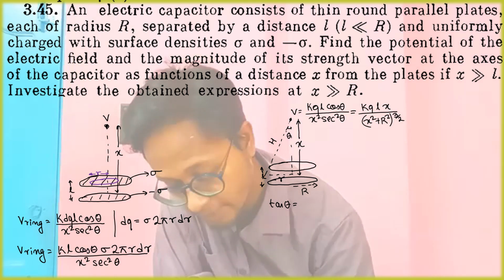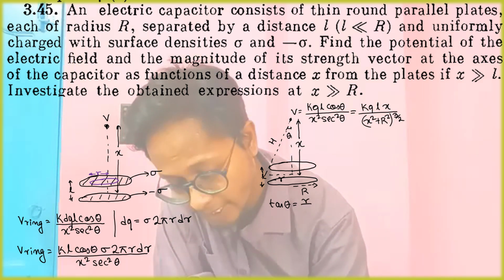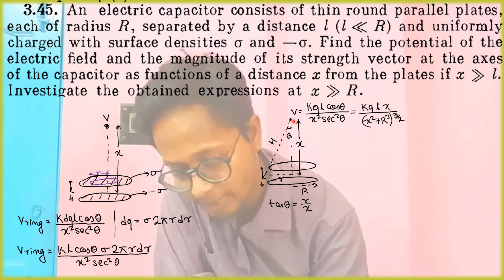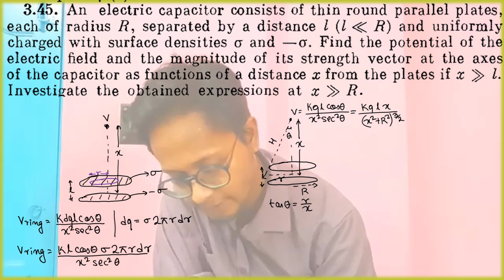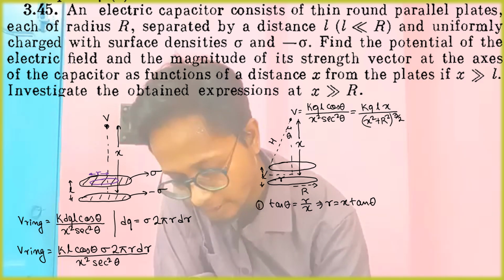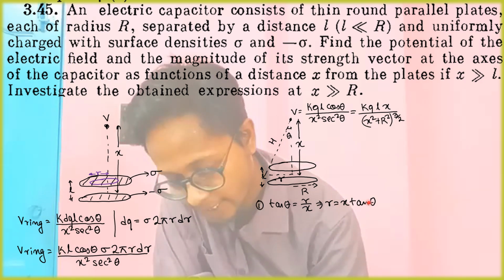I made a mistake out here. Tan theta is equal to r by x, perpendicular by base. So r is equal to x tan theta. I have to substitute r by x tan theta.